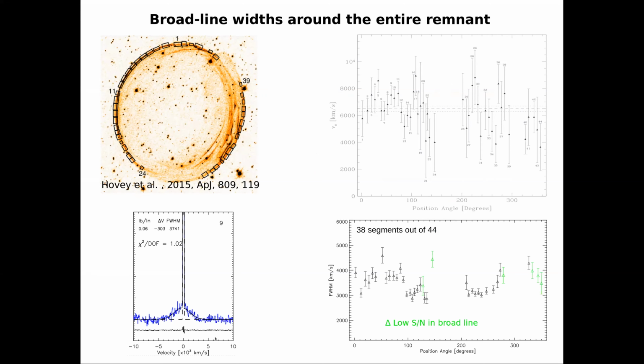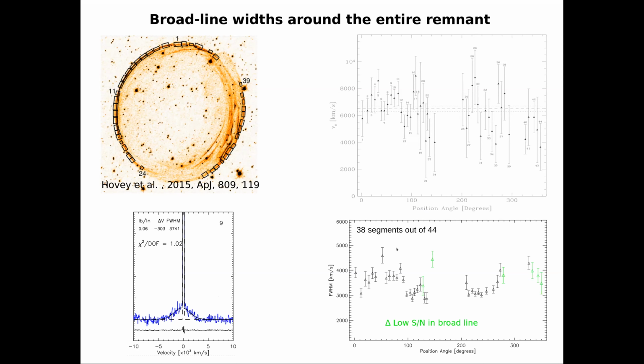So you can see one of our spectra, which is from the same region as Helder et al. that I showed in the beginning, from the long slit of this northeastern region here, where they actually had very poor signal to noise in the broad line.